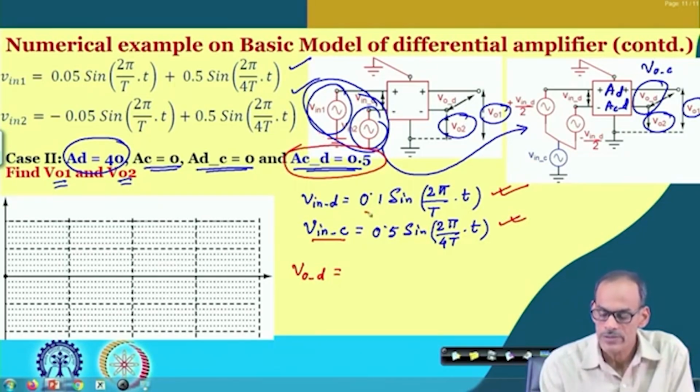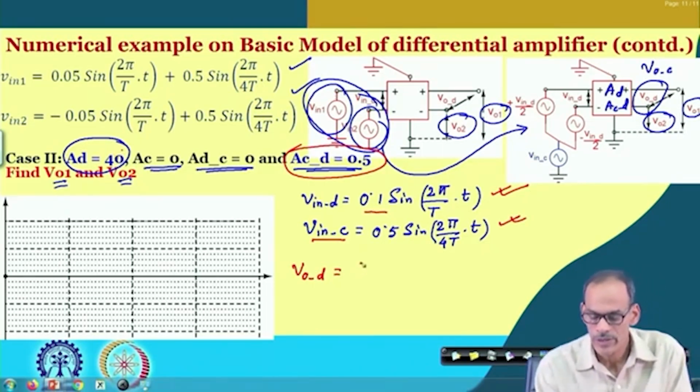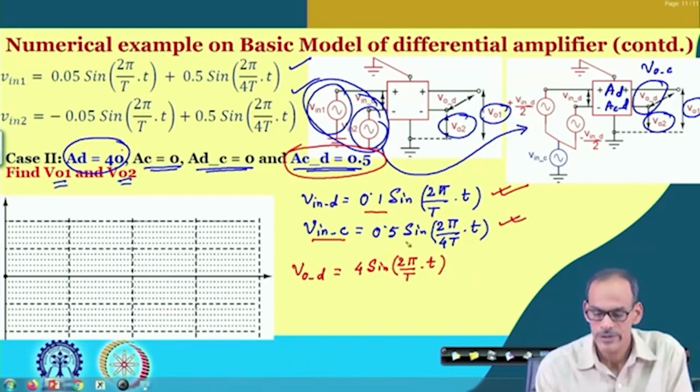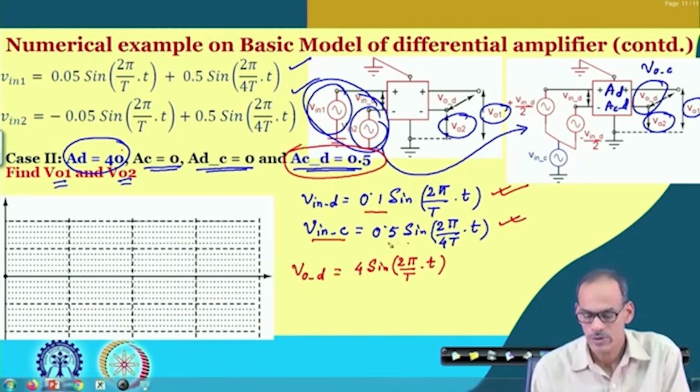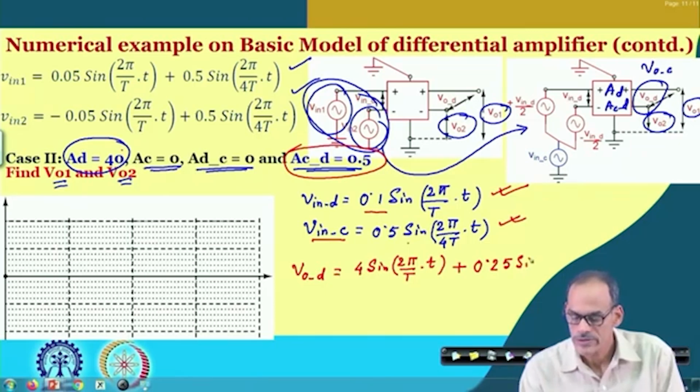So, if I multiply this 0.1 sine so and so with 40, we get 4 sine 2 pi by capital T into t, and then also we have this part, 0.5 into this 0.5, so that gives us plus 0.25 sine.